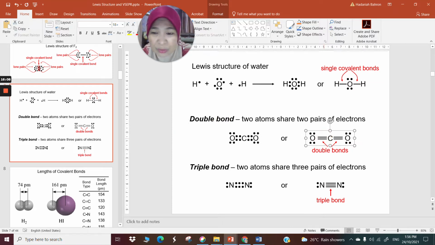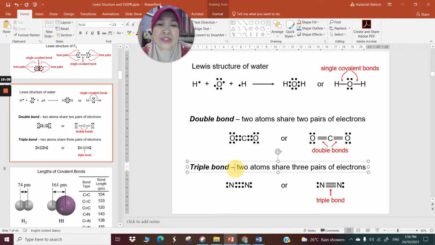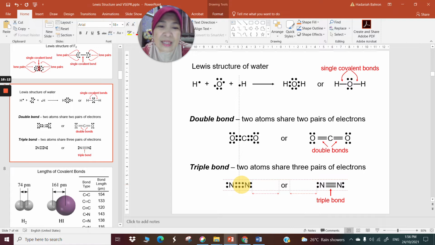I'm going to go through that with you in a while. And a triple bond is represented by a nitrogen gas molecule, where it needs to make a triple bond between the two nitrogens to complete the octet.